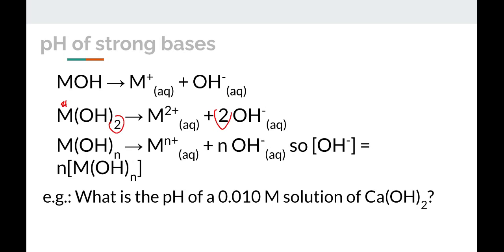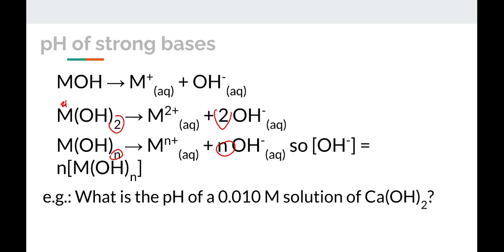And so you would end up with 2 times the concentration of the metal hydroxide for our OH minus concentration. And if it was 3+, like aluminum hydroxide, for example, then you'd have 3. So we could say that whatever N is in this formula, that's going to be how many times you should multiply the concentration of the metal hydroxide by to get the OH minus concentration.